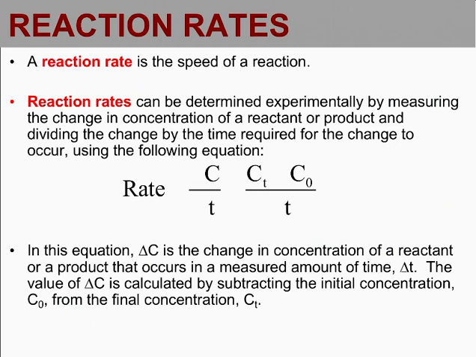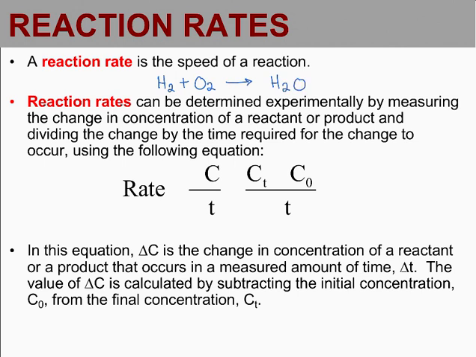Now, this brings us to what's called a reaction rate. A reaction rate is the speed of a reaction. So instead of just thinking about phase changes where water's going from solid to liquid or liquid to solid, what if we have a reaction like, let's say, hydrogen and oxygen reacting to become water?